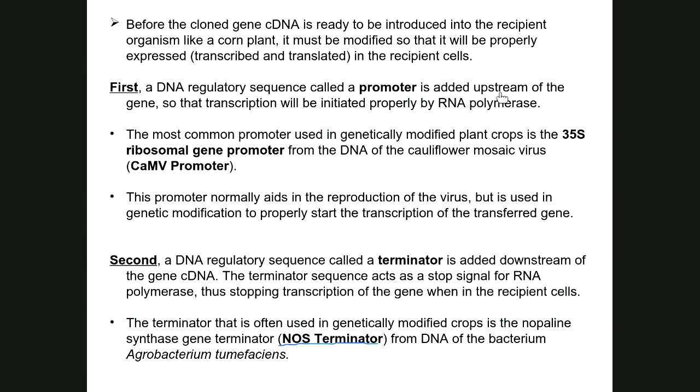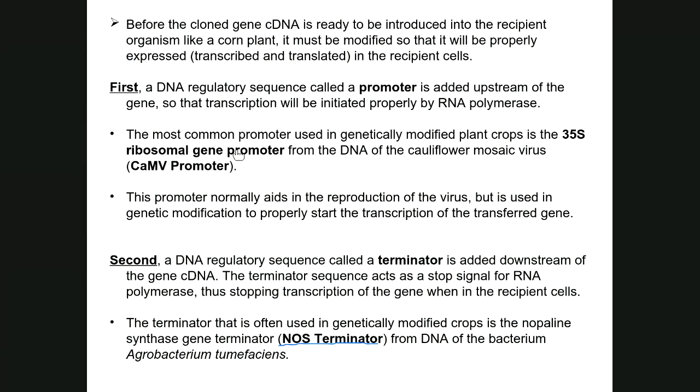So upstream means at the beginning of the gene, downstream means at the end of the gene. In other words, if you were looking at it, upstream would be to our left, downstream would be to our right as far as the gene goes. Now this is from a bacterium, this is from a virus, and then the gene that they want to use to transform an organism into a GMO could come from a variety of different species, but they found these combinations work.